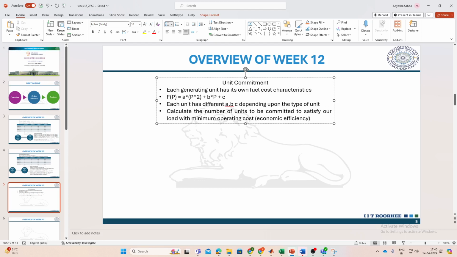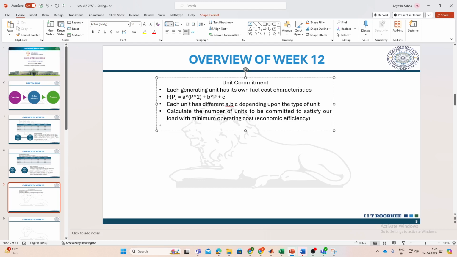It may so happen that only generator 1 can supply all the load, that may give the minimum cost, or a combination of them. So that calculation we do in unit commitment. So this is the objective.